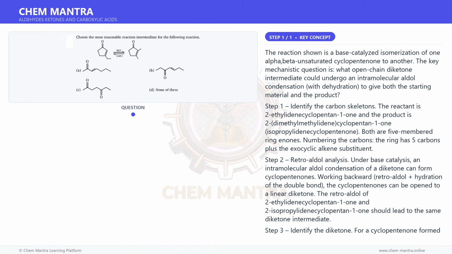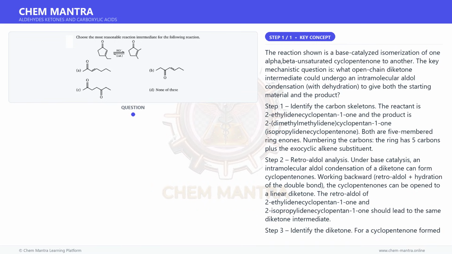The correct compound is heptane-2,5-dione, CH3C=O, CH2, CH2C=O, CH2CH3, which can undergo base-catalyzed intramolecular aldol condensation. The alpha carbon of one ketone attacks the other ketone carbonyl, forming a 5-membered ring.